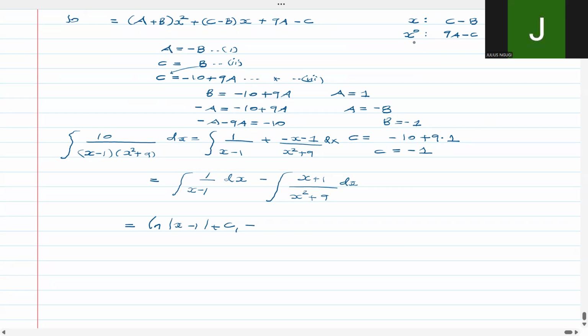Now, observe that the second integral is x plus 1 divided by x squared plus 9. So x plus 1 can be split again into two, and let me use parentheses. I'll have an integral of x divided by x squared plus 9 with respect to x, plus another integral of 1 divided by x squared plus 9 with respect to x.